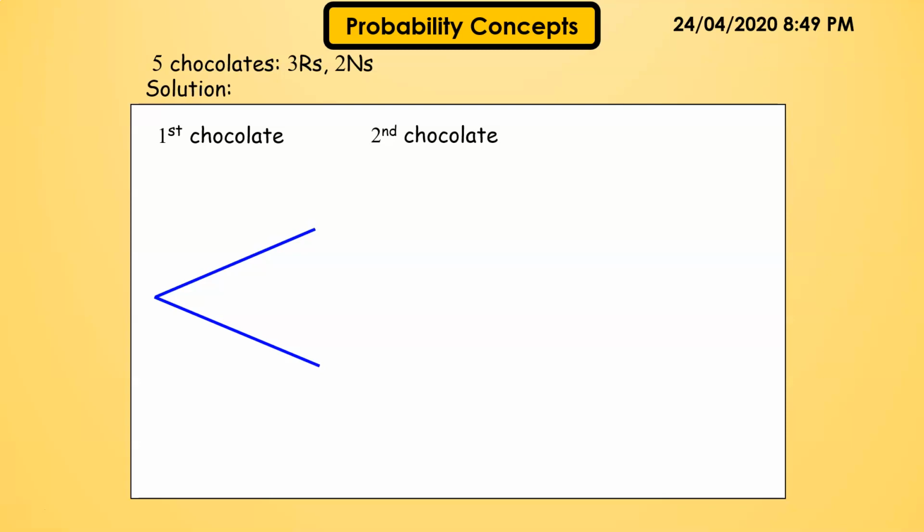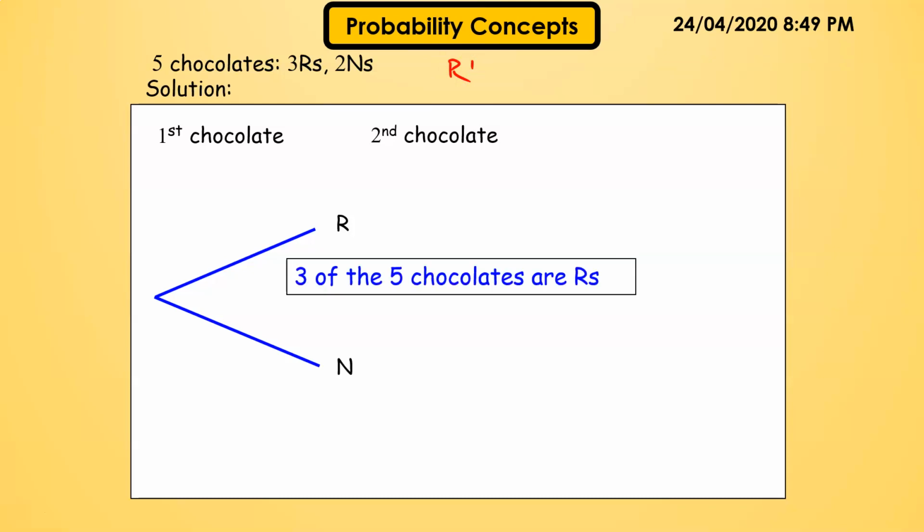Now, we labeled them R and N. Another way of doing it, you could replace N with the complement of R, meaning not raspberry. But in this case, it's relatively easy to do. 3 of the 5 chocolates are raspberry.